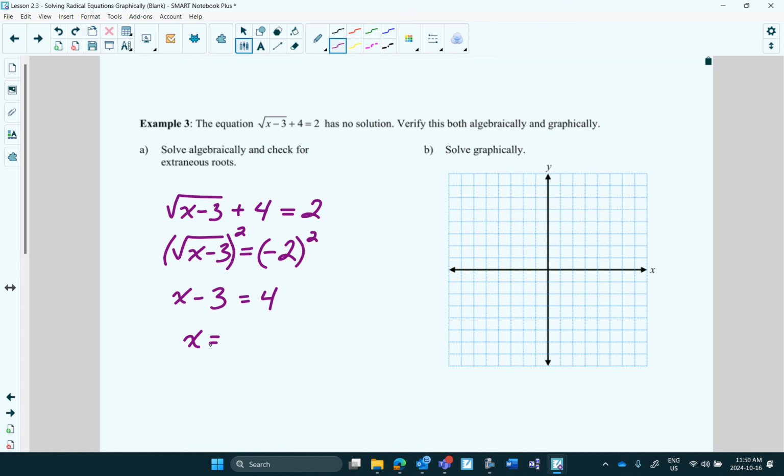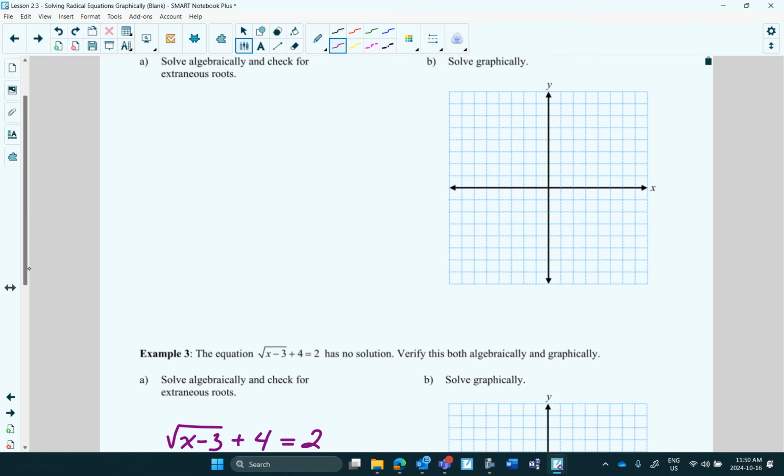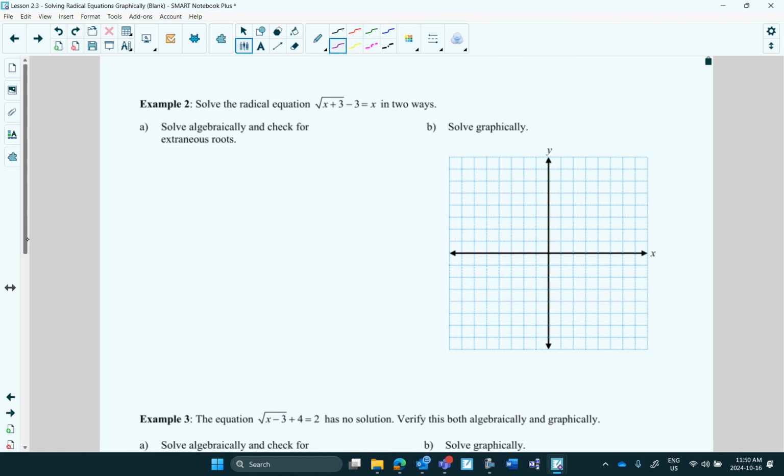Something's wrong. No, nothing's wrong. Yeah, that's right. X equals 7, right? Check. What happens?